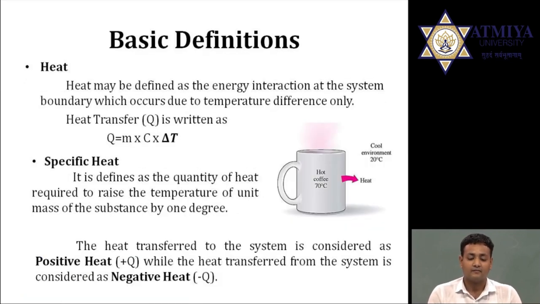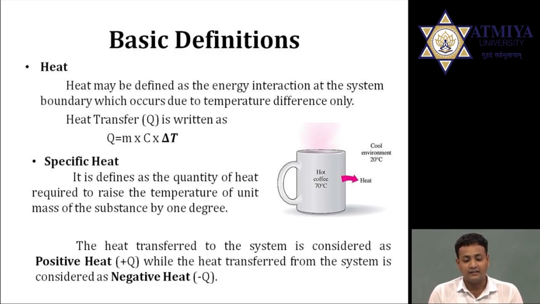Heat. Heat is defined as an energy interaction at the system boundary which occurs due to temperature difference only. Heat transfer is written as capital Q. Heat transfer Q is equal to mc delta T. M means mass, C specific heat, delta T change in temperature.